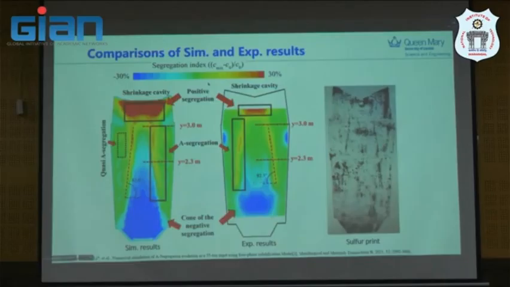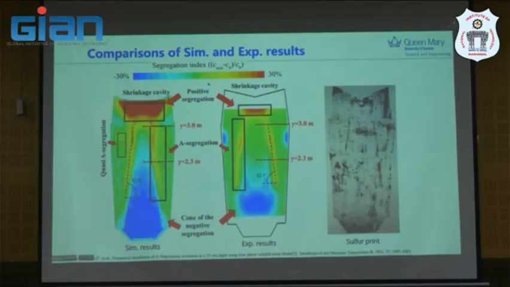Here is a sample print of the real ingot. The simulation results are in good agreement with the experimental results. It indicates that our model is relatively reliable.